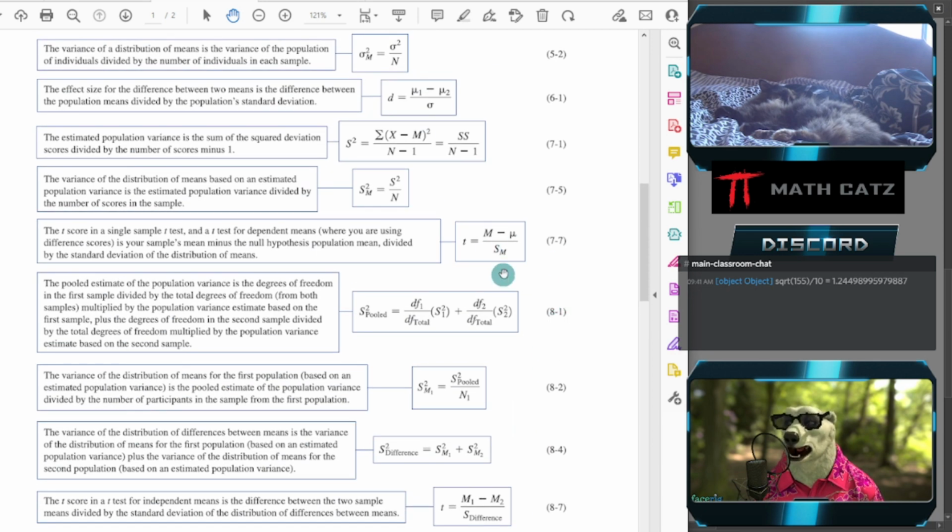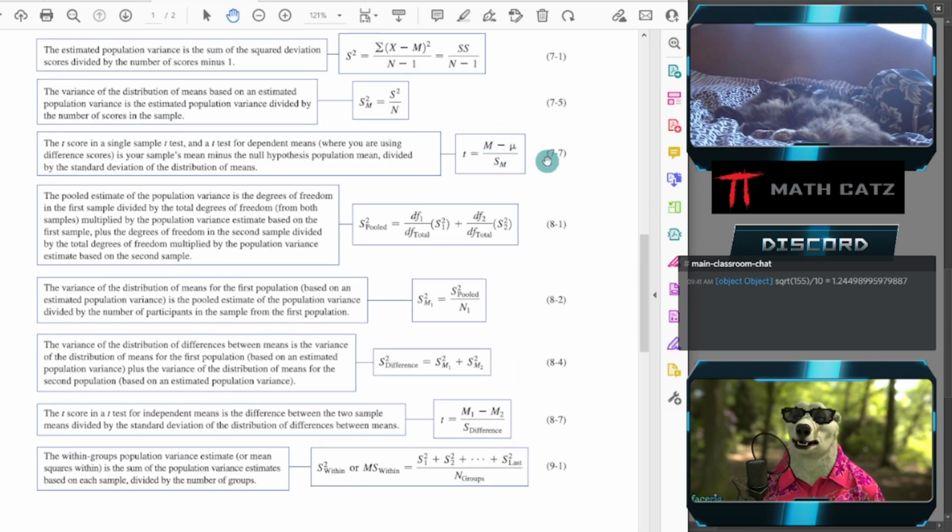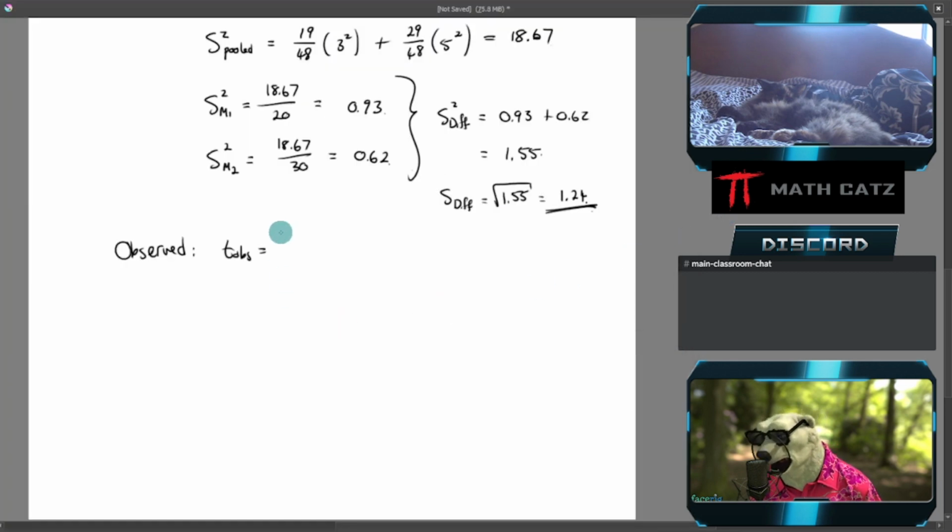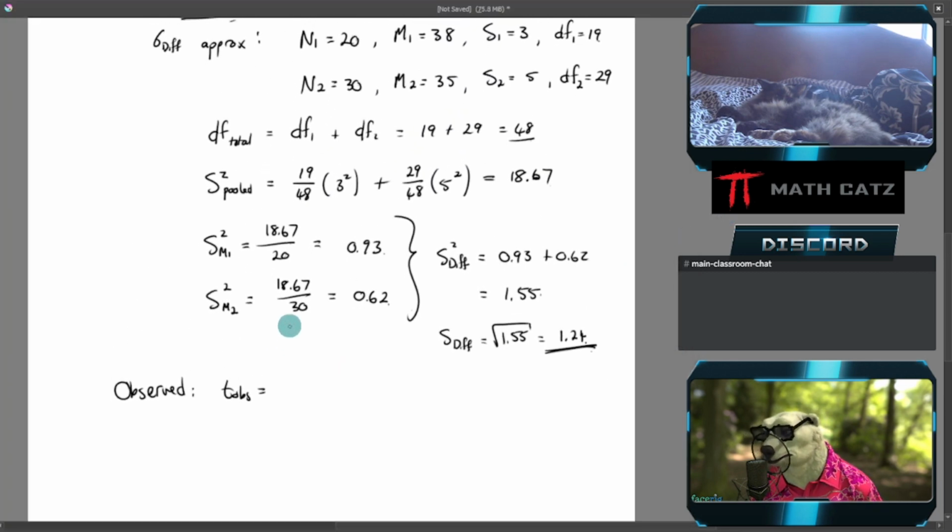It does follow that sample minus population, it's only that the population value is 0. So we can write that in here: the difference between the two means, 38 minus 35. So don't think that we're not doing the mu part in this formula. We are. It just happens to be 0.